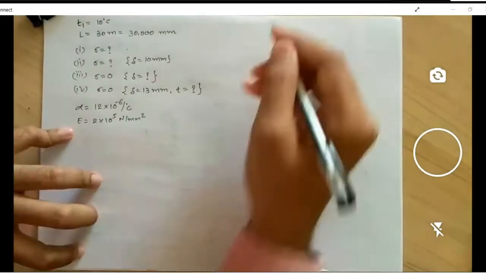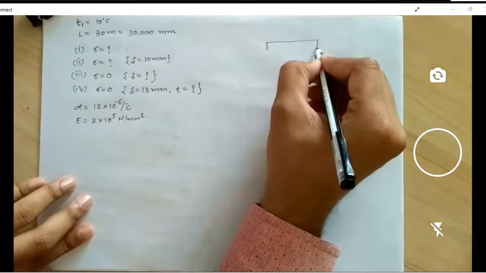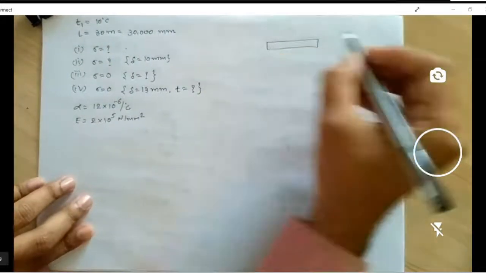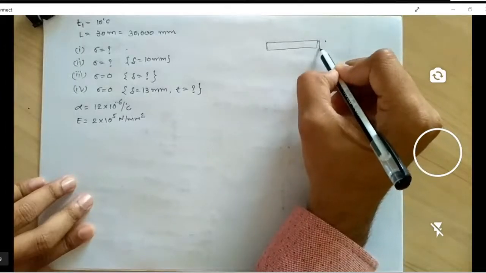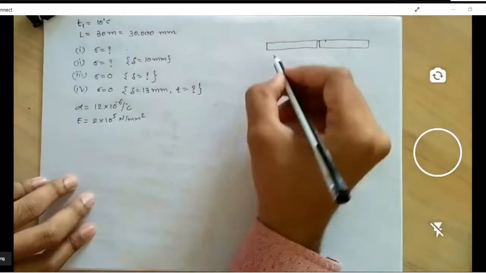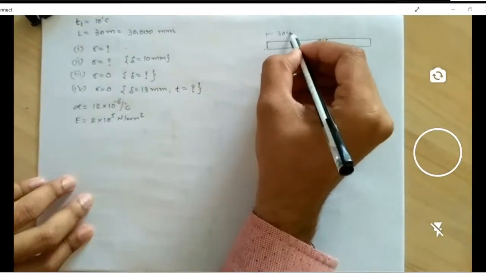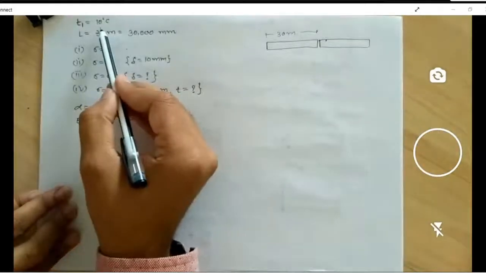Now, first of all, understand the concept. Two rails like this. Their length is 30 meters, and the initial temperature is given as 10 degrees Celsius.